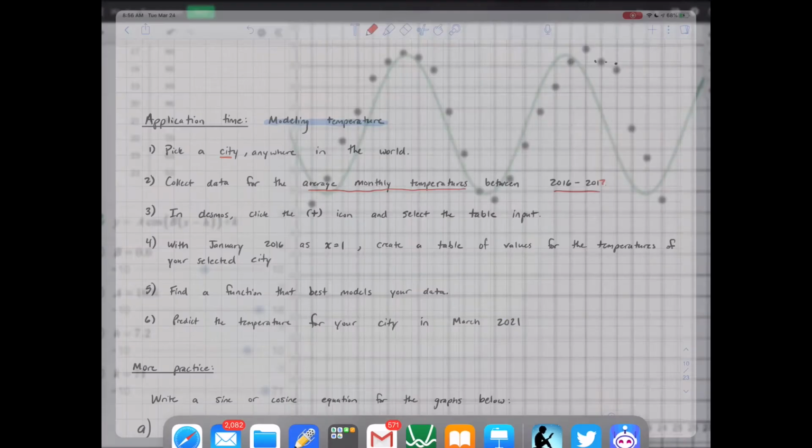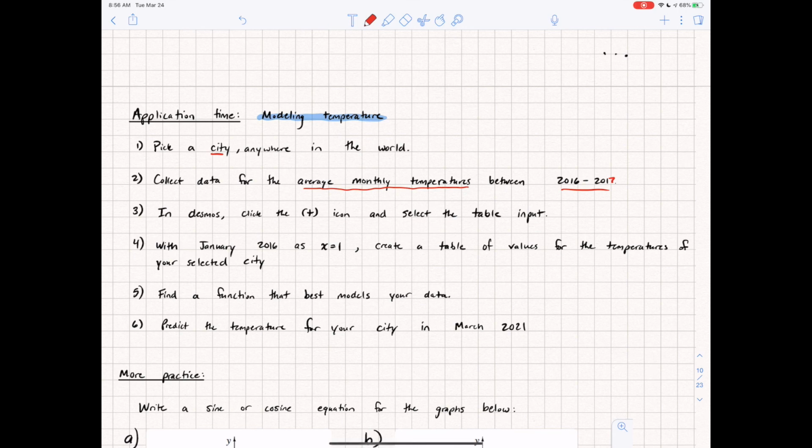And so if that's not a step here, then I'm going to go through and do that. Find a function that best models your data, and then we'll break down a little bit more of those steps and process. Your ultimate goal is, once you get your model, use your model. What would the temperature be in March 2021 in your city?